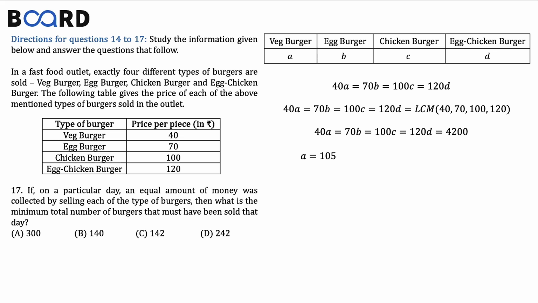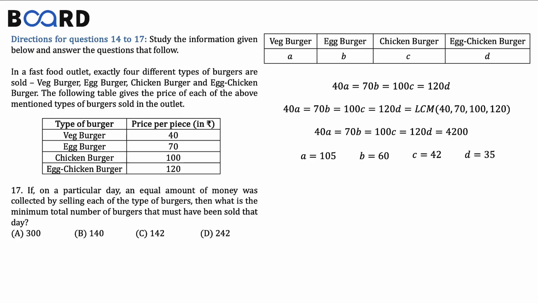So it has to be 4200 divided by 40. That's 105. Similarly, 4200 divided by 70. That will give me the total number of egg burgers sold. 4200 divided by 120. 4200 divided by 100. That gives me 42 as the total number of chicken burgers.